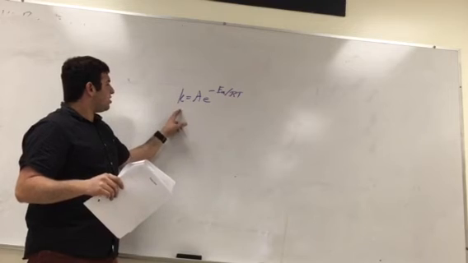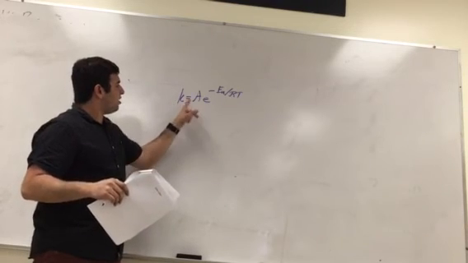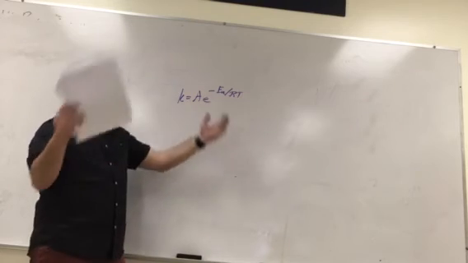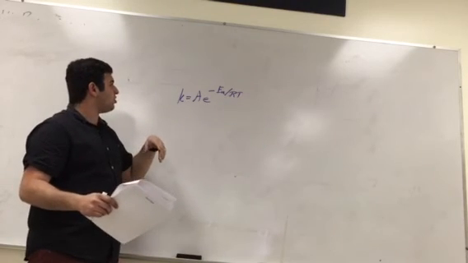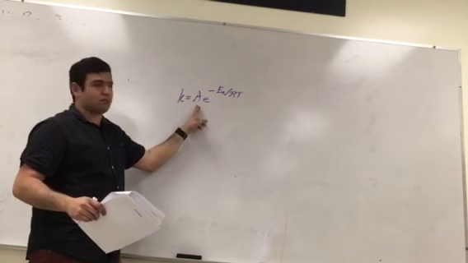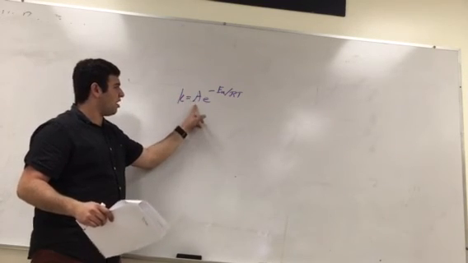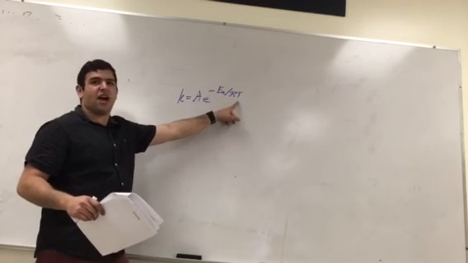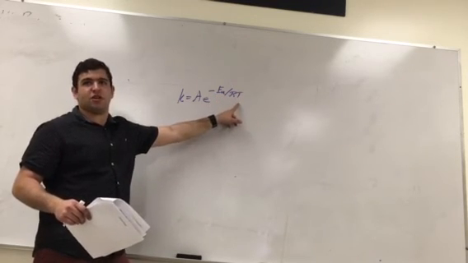This is little k, and then activation energy, temperature, R, and then some constant. He'll give you the value of A. What is the rate constant if the activation energy is this at this temperature? And it's plug and chug there.